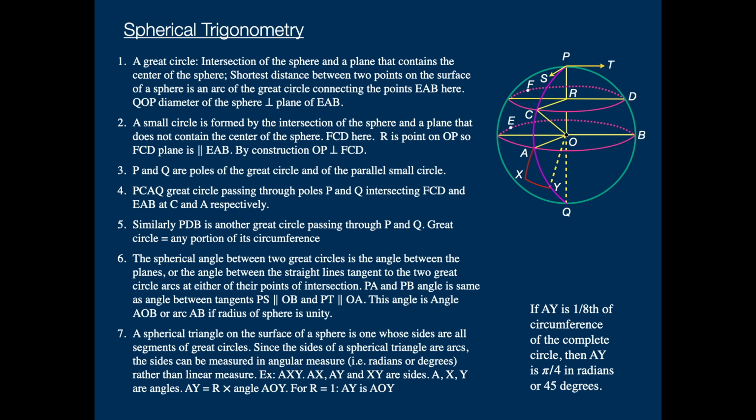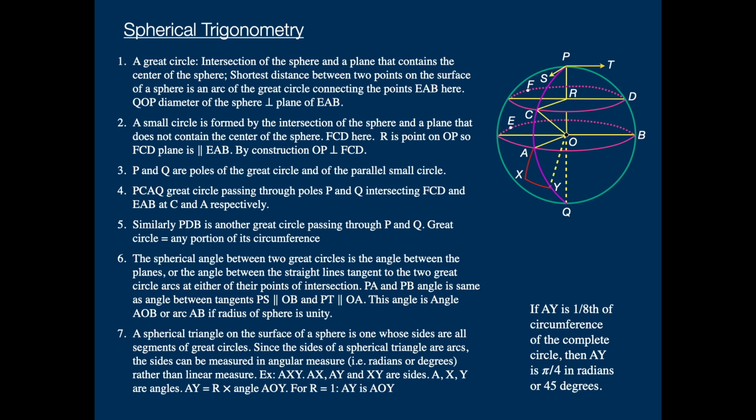So for example, PA and PB are the two great circles. Their tangents are PS and PT. The angle between them is the angle which is subtended by AB at the center O. So this is the angle AOB, or arc AB, if the radius of the sphere is unity.